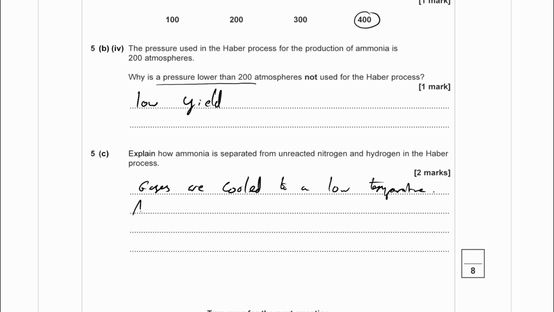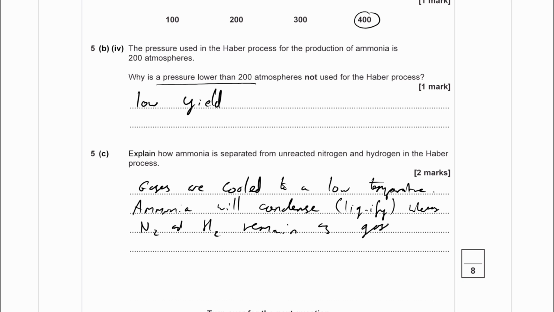Ammonia will condense. In brackets, if you want, you can say liquefy. Whereas nitrogen and hydrogen remain as gases.